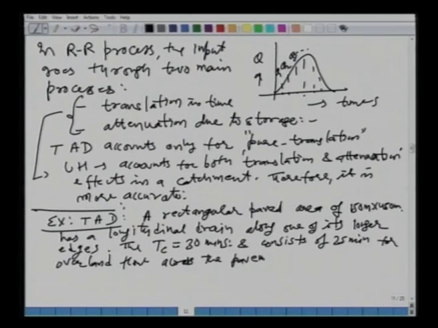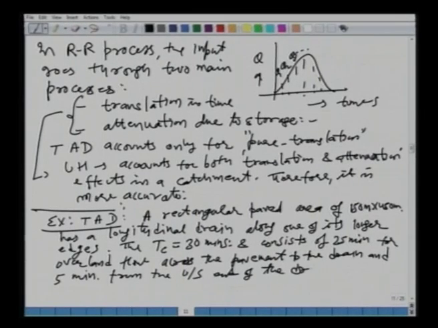To the drain, or towards the drain along the longitudinal edge, and 5 minutes from the upstream end of the drain to the outlet.